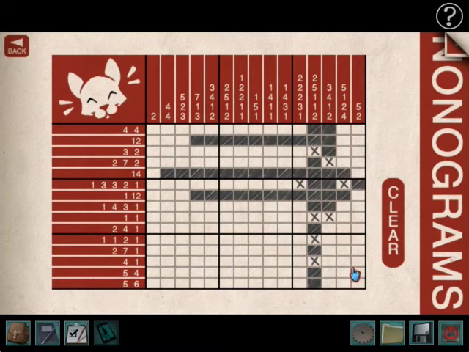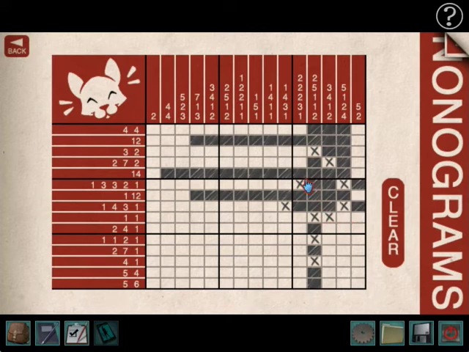I'll go ahead and fill that out. And this has to be the 5. Which means that this is the 3 and the 1 there. And this is the 5 as part of the 5. Well, maybe not. This could be the end of the 5 and the beginning of the 2. We don't really know yet.